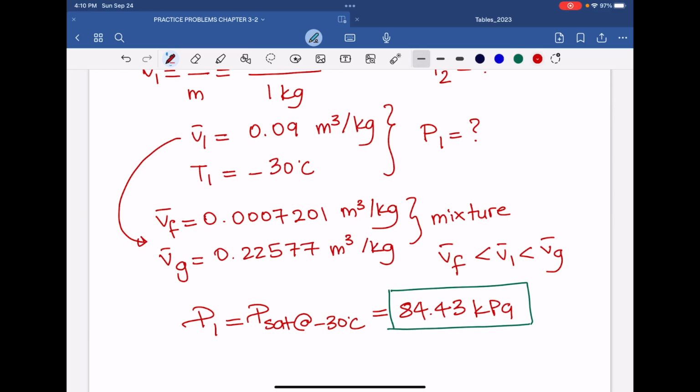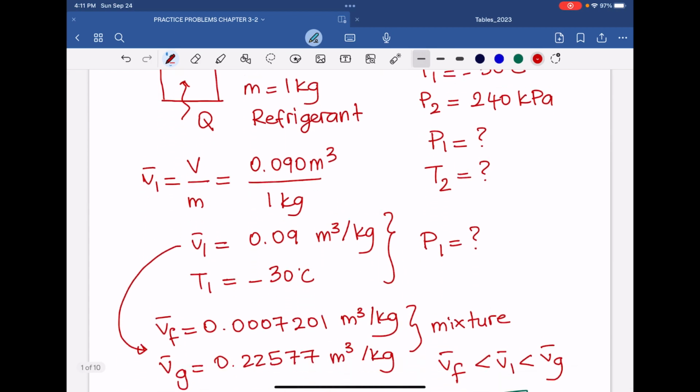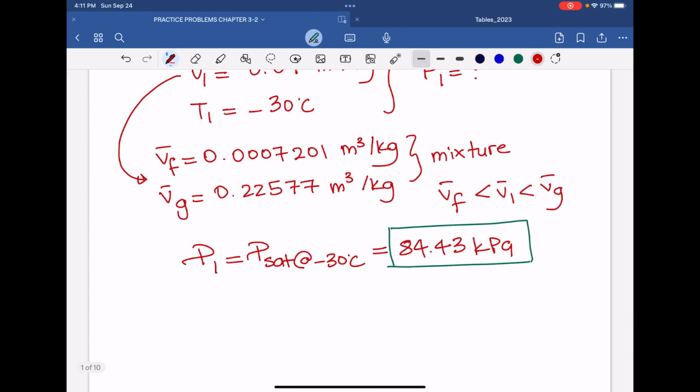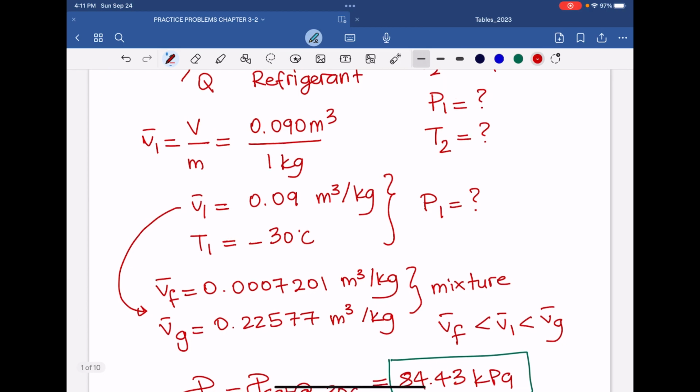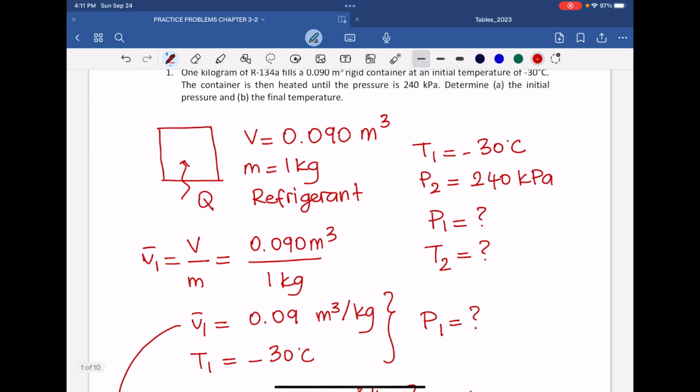Now the next thing they were asking is find the temperature at the second state, the final state. And again, we should be able to look at the tables, but we need to look at the right tables. Now for that we need to have two intensive properties.